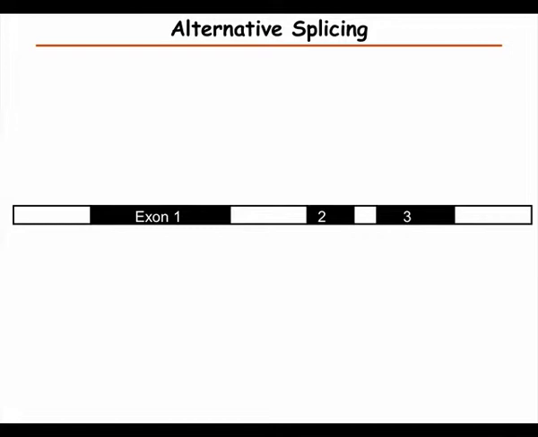Another thing that's very difficult to look at with bottom-up proteomics is alternative splicing. Most of the time, in global analysis, we can only say something about the gene.